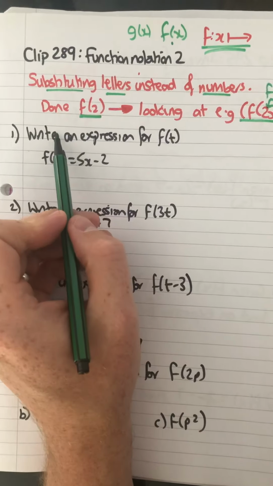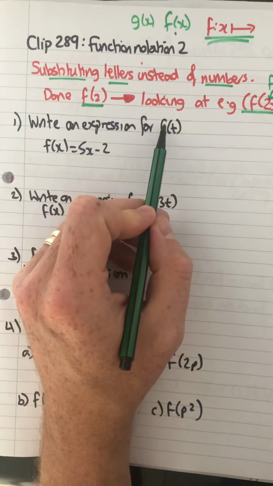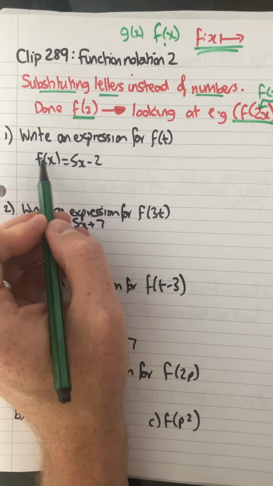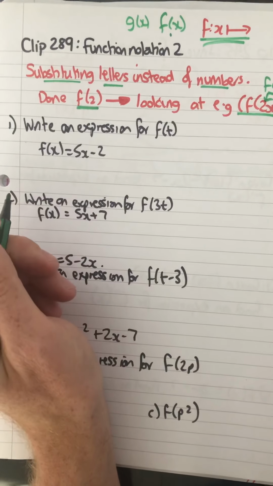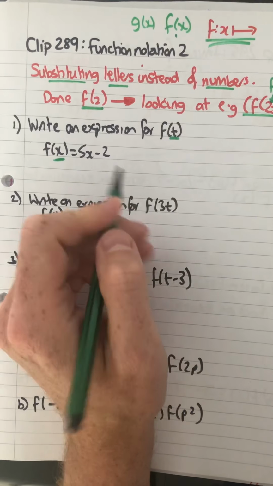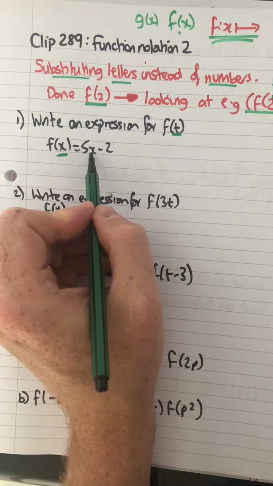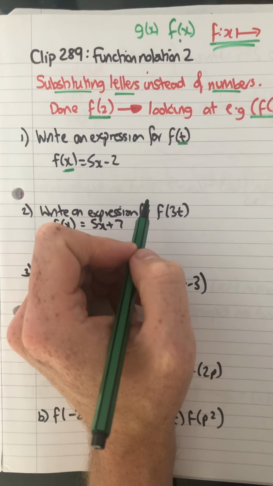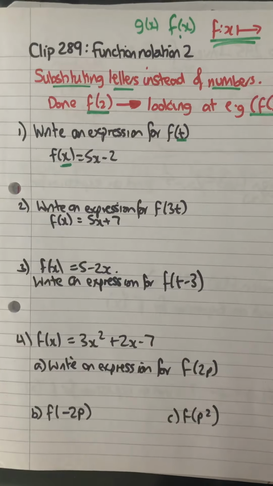In the first one, write an expression for f of t. I've been given f of x is 5x minus 2. So basically I'm replacing the x with a t. All I'm going to do is swap the x for a t, just like we did before in clip 288 where we replaced x with a number.